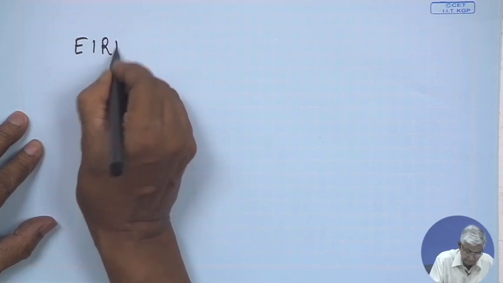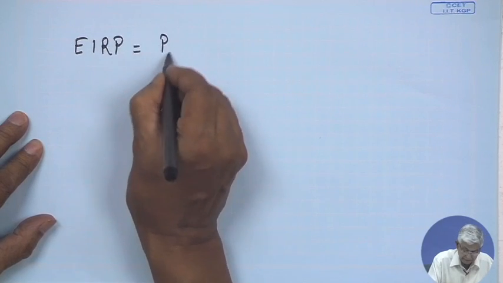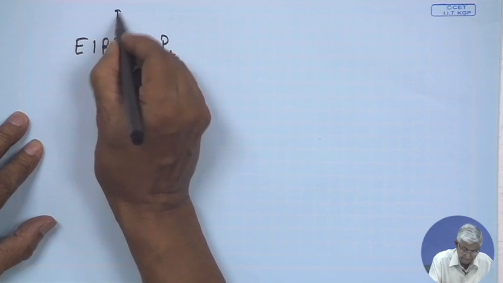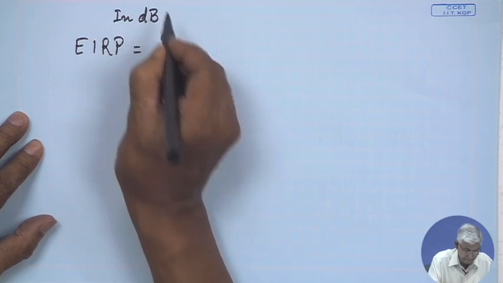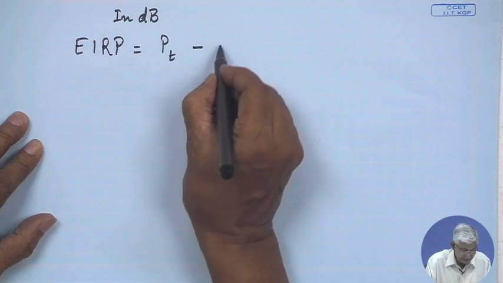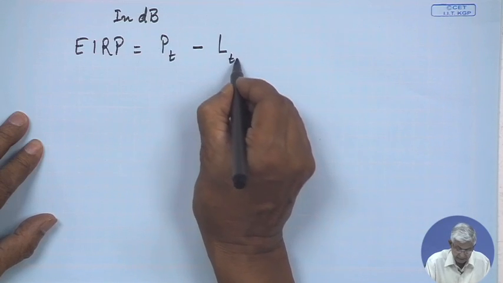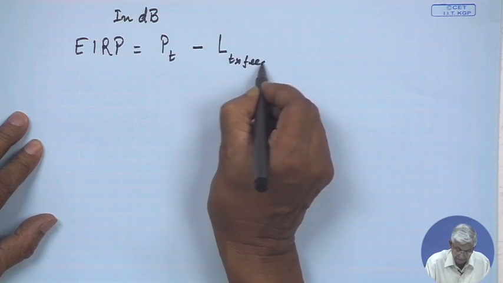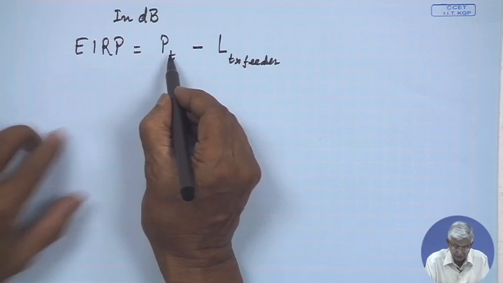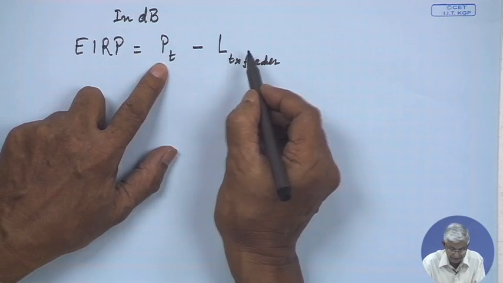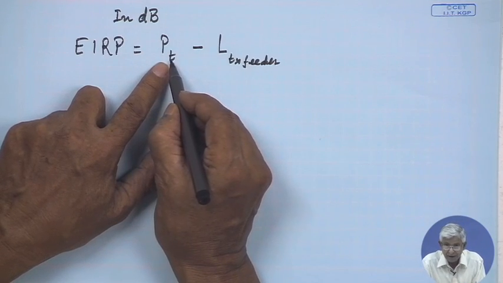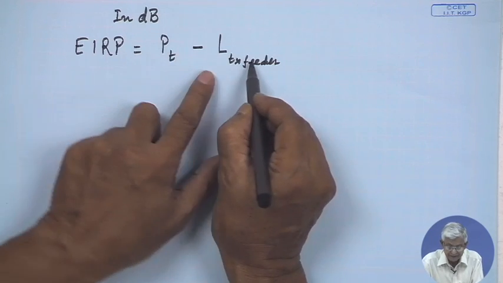Now, let us see the importance of EIRP and G by T. What is their content? In EIRP, we contain the PT, I write in dB, PT minus the loss at the transmit feeder, the actual power which is appearing at the antenna point. PT is the power amplifier output, and there is a feeder loss.